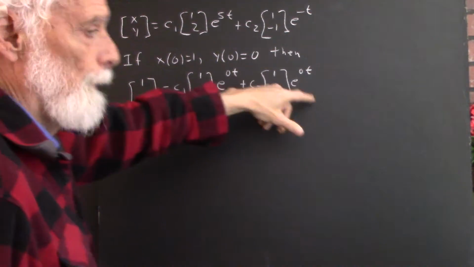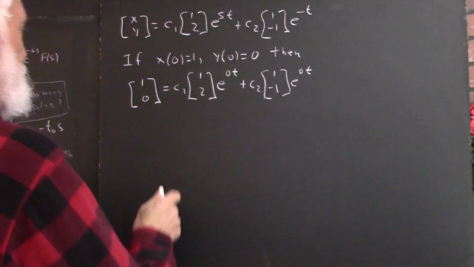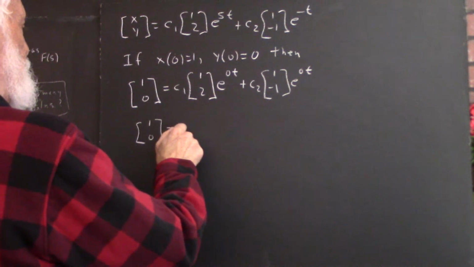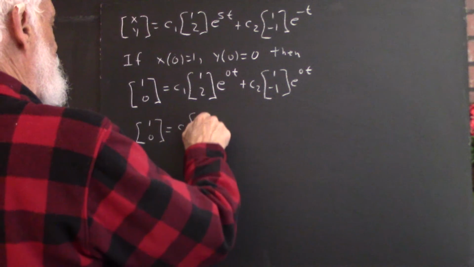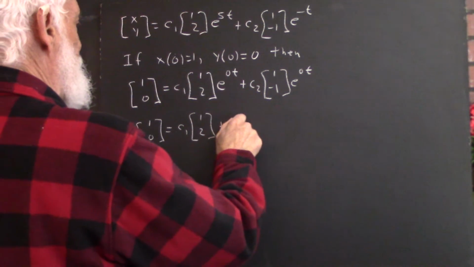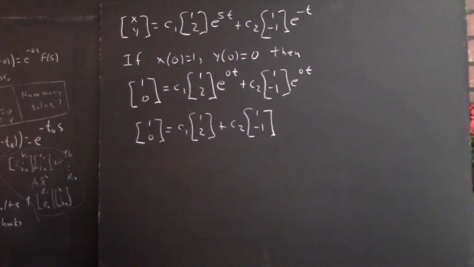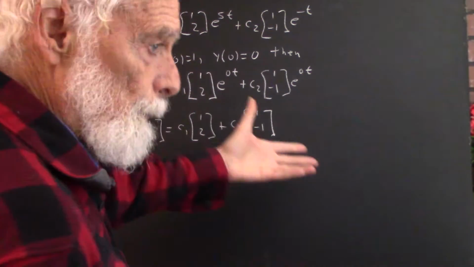And of course, e to the negative 0t is e to the 0, which is 1, so we have this. And how do we solve this?